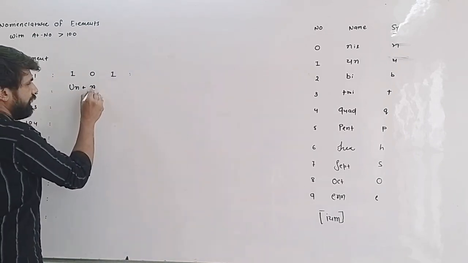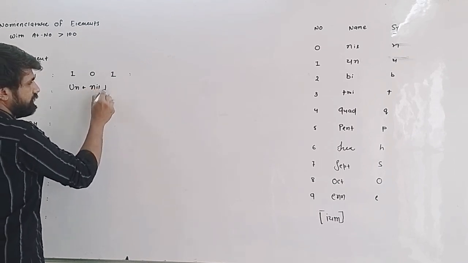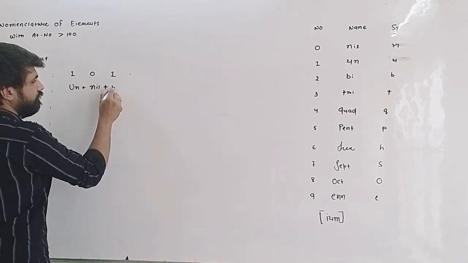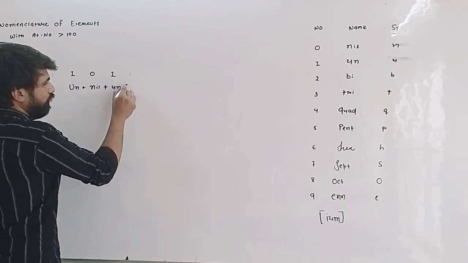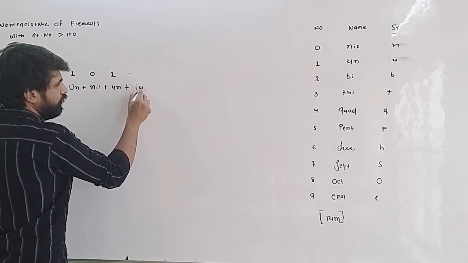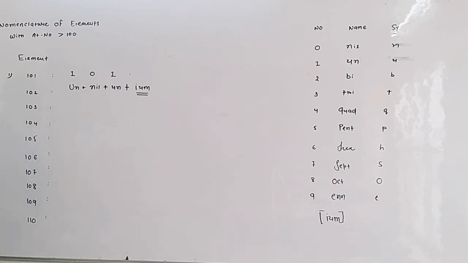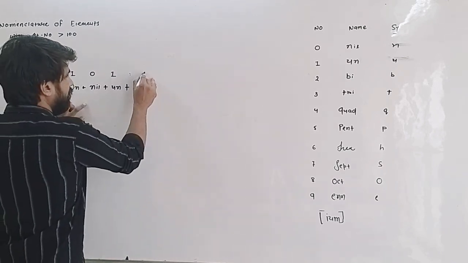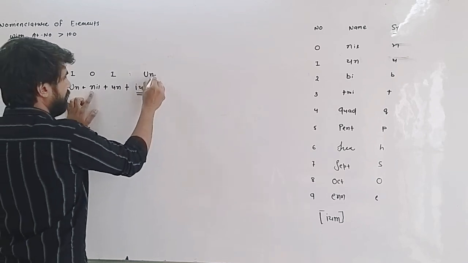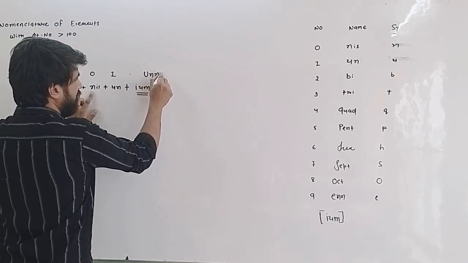So you have to write nil. Plus, what is 1? Again, 1 means un. Plus what you have to use? ium. Is it clear? So what is the name finally? Un, nil, un, ium.